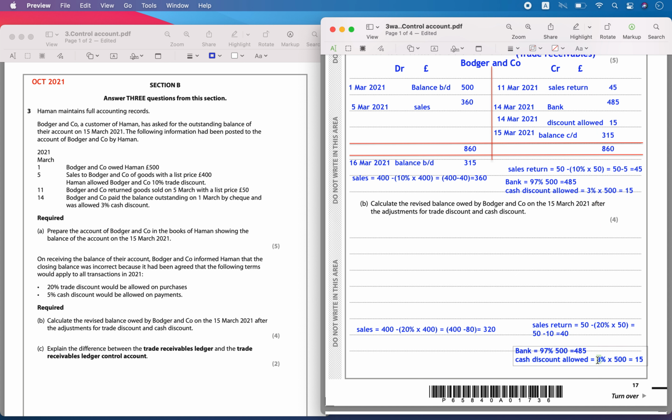So if this is at 5%, then the adjustment would be 5% of 500, which is 25 pounds, and the bank amount will be 95% of 500, that is equal to 475.